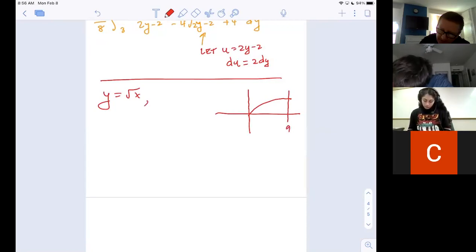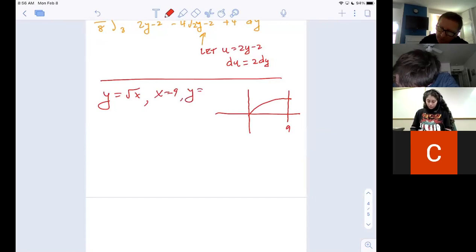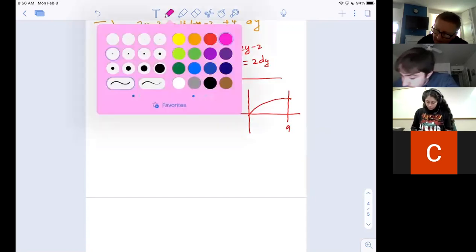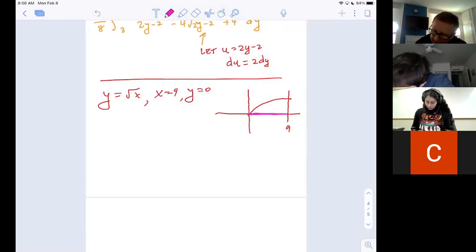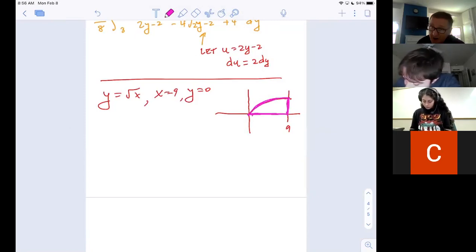So that's x equals 9. And let's also chop it off at y equals 0. So now I've defined this shape. Now the fact that this is against the x-axis will make it a lot easier.